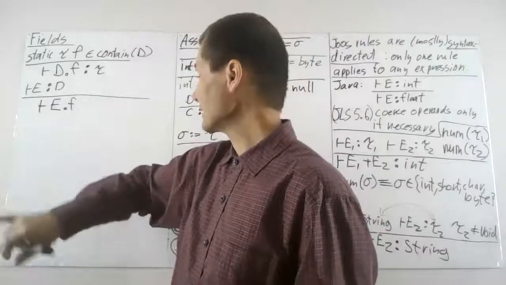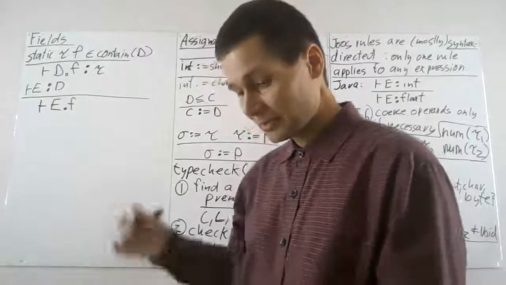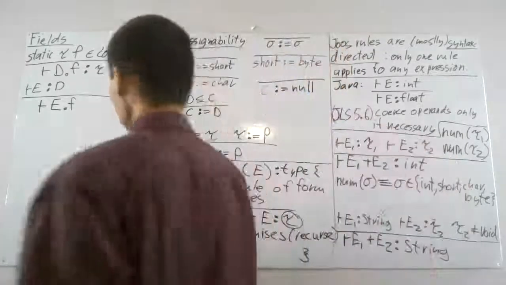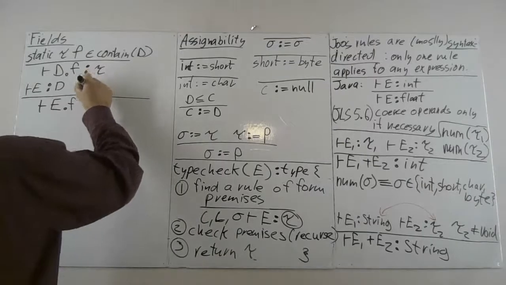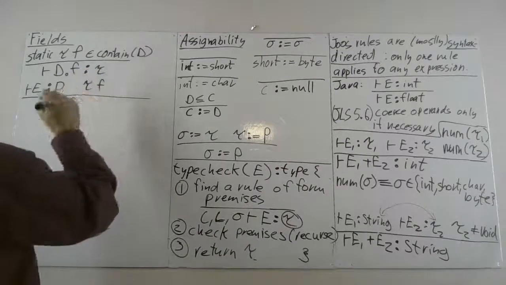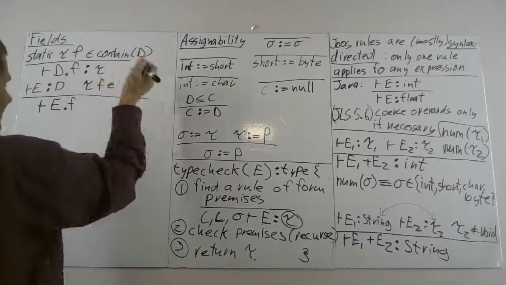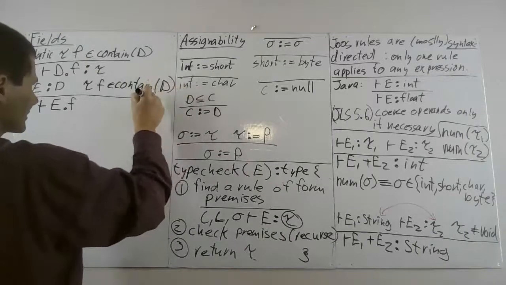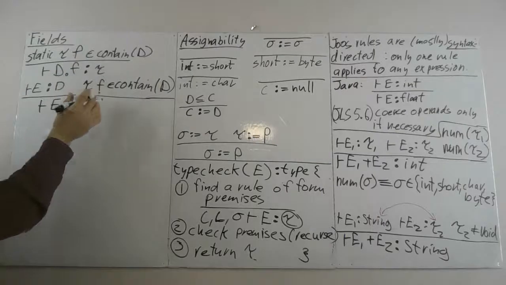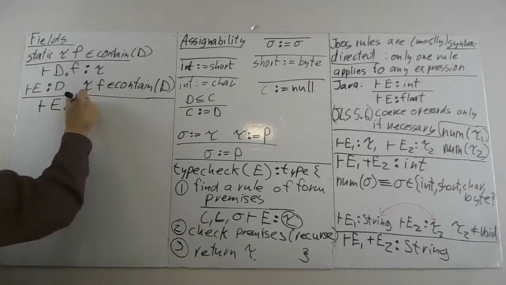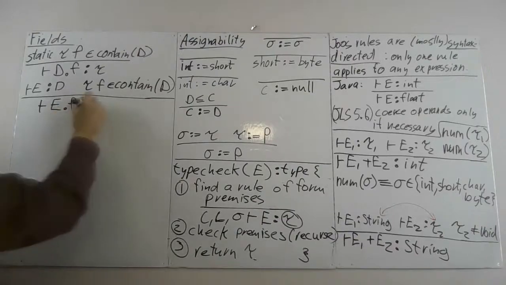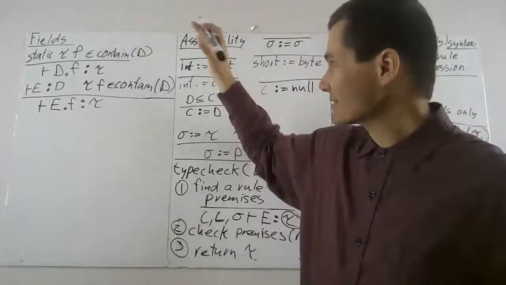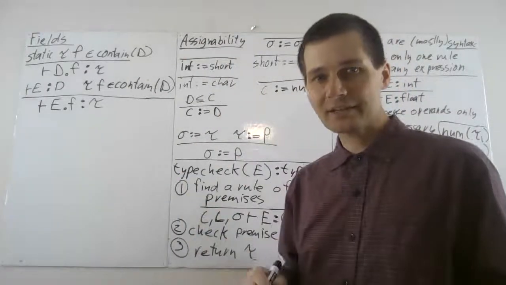So we type check the expression E, we get some class D, and then we look for the field in that class D. As before, we look for a declaration with a type and a field name F, in the contain set of D. If there's a field with type tau, then this tells us that if we read that field, we will get a value of type tau. So that's reading fields, static fields and instance fields.